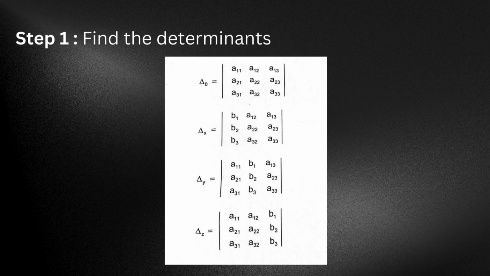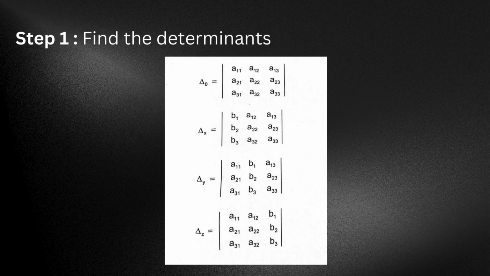That's for DX. DY: A row 1 column 1, B1, A row 1 column 3, A row 2 column 1, B2, A row 2 column 3, A row 3 column 1, B3, A row 3 column 3. That's for DY.